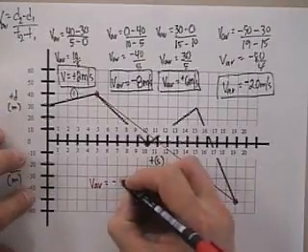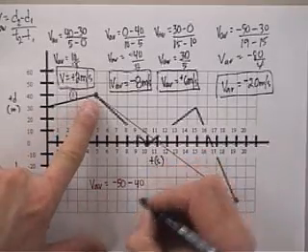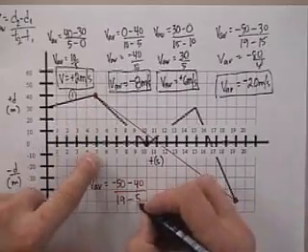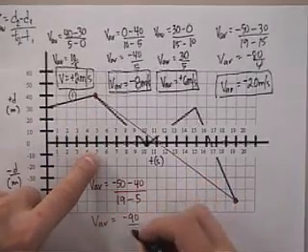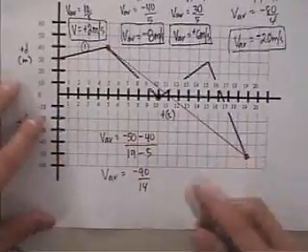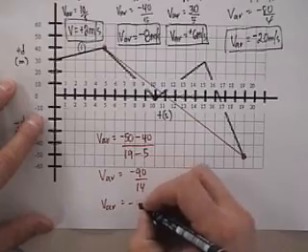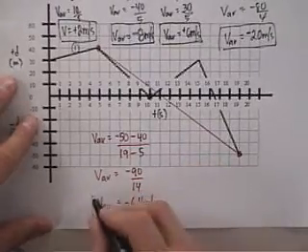That's minus 50. Minus D1, which is way up there, is 40. T2 is 19. T1 is 5. So your average velocity is going to be minus 90 over 14. So the average velocity there is going to end up being minus 6.4 meters per second.